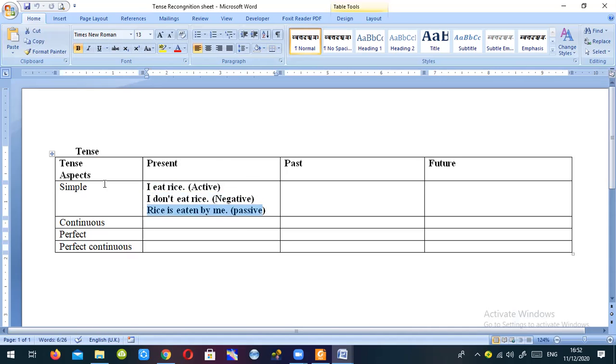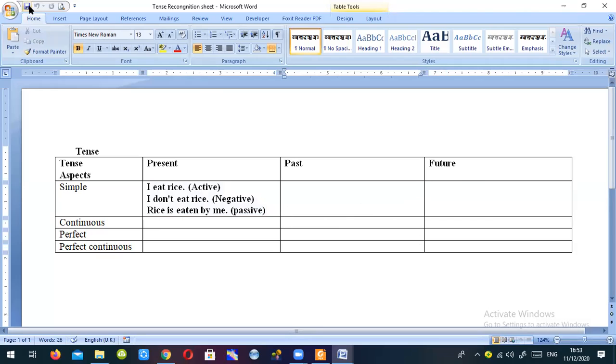This means present simple, and three sentences of the same tense, same aspect. So right now you are supposed to write similar types of sentences in these tables for past, future, continuous, and many others.